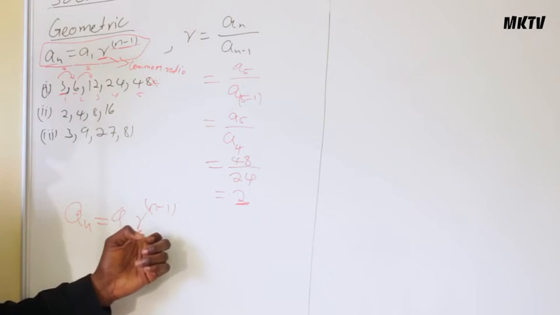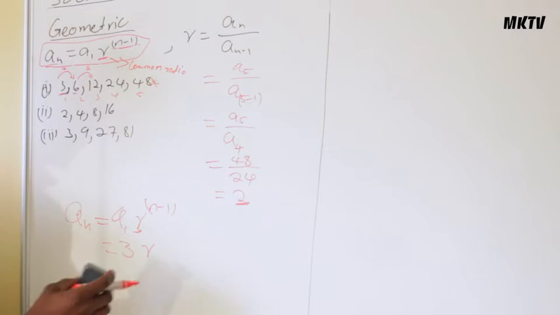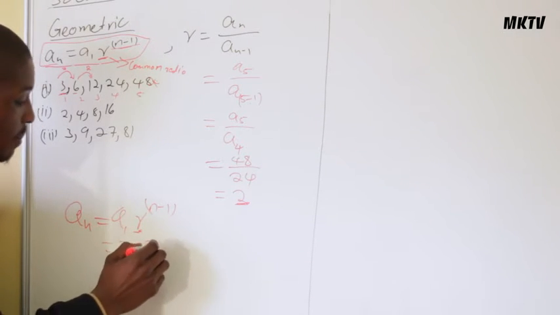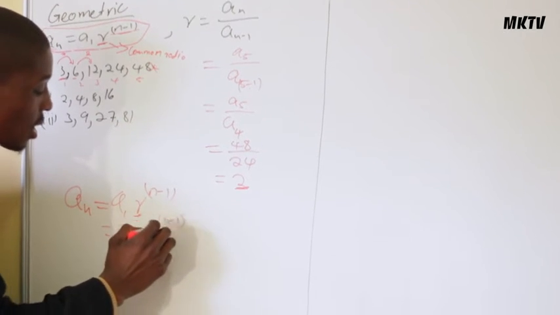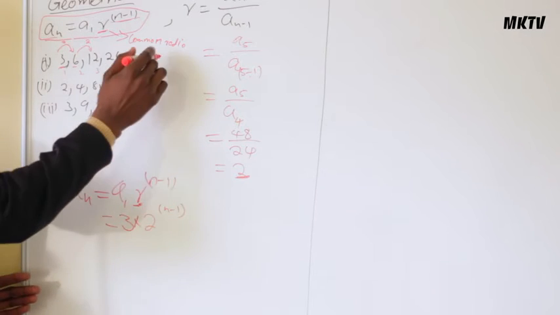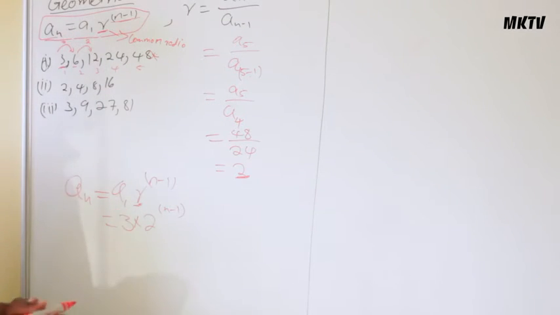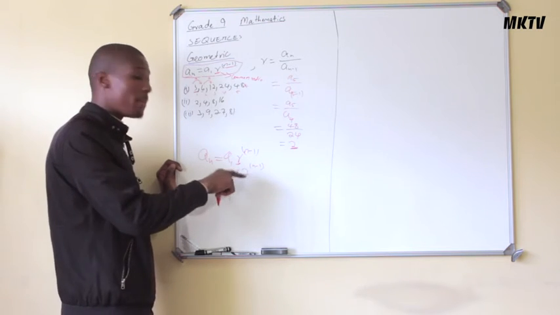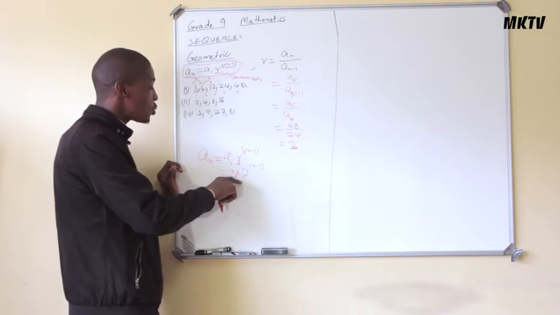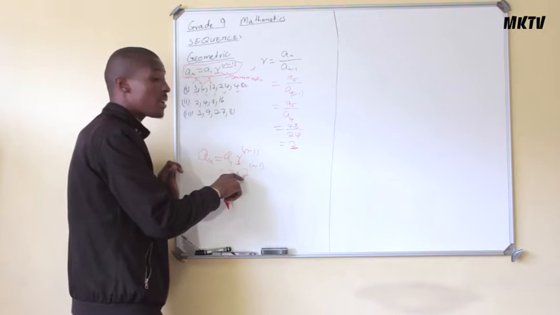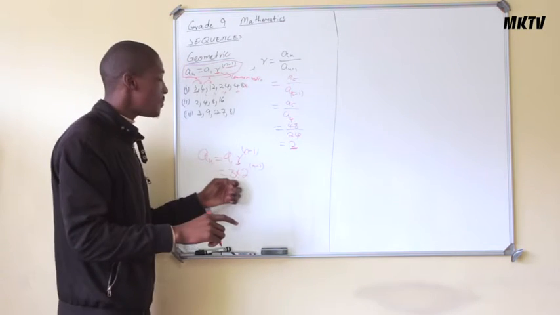We found r as 2. That says 3 multiplied by 2 raised to the power n minus 1. This is our formula for the sequence. You have to note this: there is never a time that you are going to multiply 3 by 2 to the power n, because 2 and 3 have different bases.